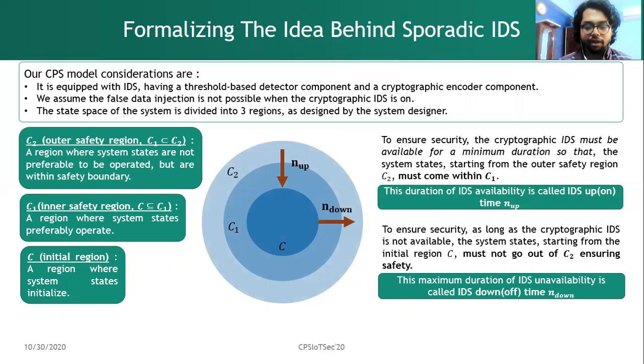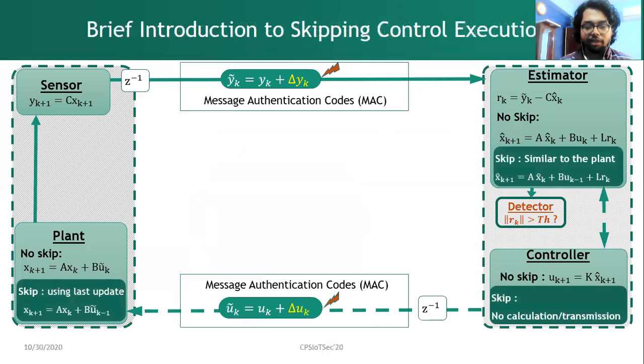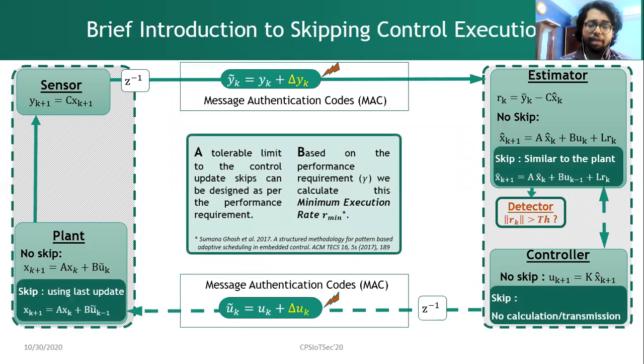Now, as we improve this sporadic IDS using control execution skips, we have to understand what those are. Deadline missing, a shared control platform, and control packet drop in a networked CPS are very common. So in that case, the plant, when it does not have the current control update, runs with the last control update. This we mention as the control execution skip. So a tolerable limit can be calculated from the performance margin of the system, which we call a minimum execution rate.